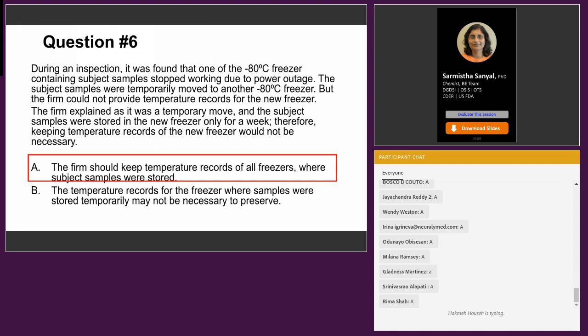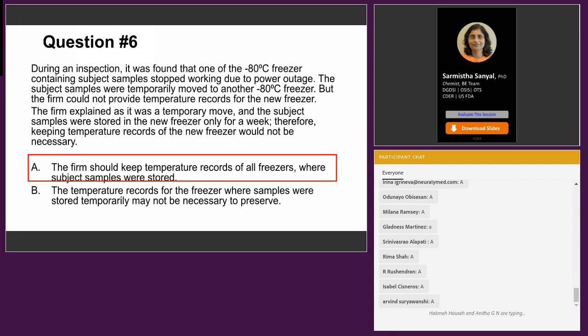The temperature records of all freezers, wherever subject samples, chemicals, standards, QCs, anything related to the study material was stored, everything should be preserved. So in this case, the temperature record for the freezer where the subject samples were stored temporarily should be preserved.